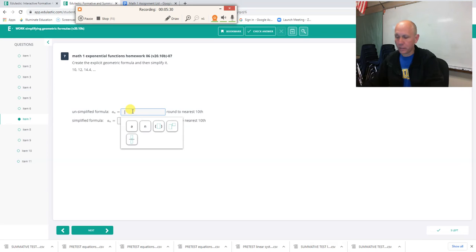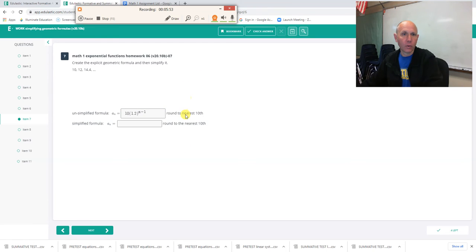Value of the first term is 10. The ratio, what's that? 12 divided by 10 is 1.2, raised to the n minus 1. I don't know why I have round to the nearest tenth there.